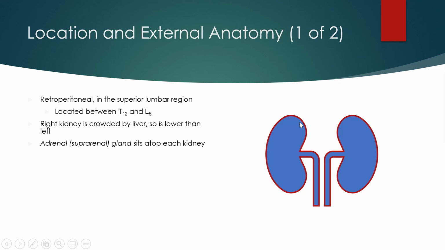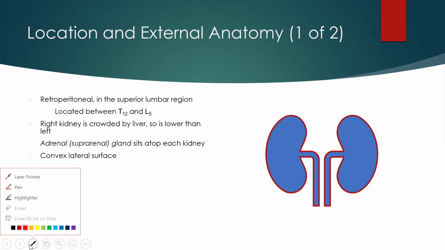And for both kidneys, and it's not showing in this picture here, there is a cap-like gland sitting on top of each kidney, and that's what you call the suprarenal gland or your adrenal gland. And they do have a hilum.